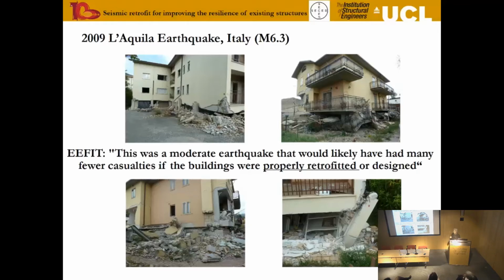And when the EEFIT mission, of which I think Tiziana was the lead, went to L'Aquila, one of the conclusions was that this was a moderate earthquake that would likely have had many fewer casualties if the buildings were properly retrofitted or designed. So we start from that standpoint, and you can take that as our viewpoint for the rest of the conversation.